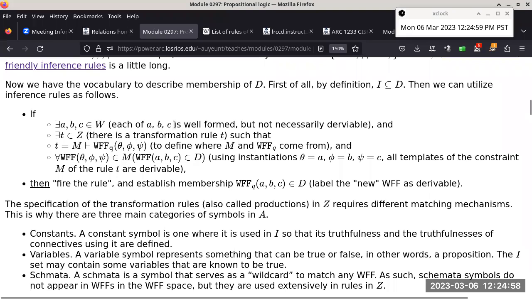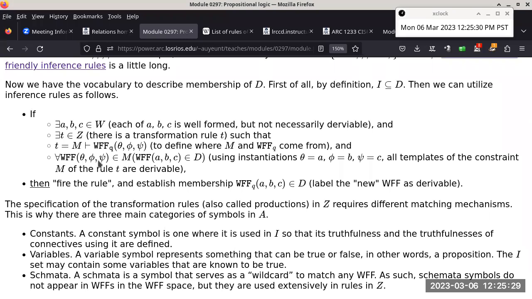A, B, and C are specific well-formed formulae in W. They may or may not be derivable. Theta, phi, and psi are wild cards. So we are basically looking for a match. Can we match A, B, and C as specific well-formed formulae to the pattern that is specified by WFFQ of theta, phi, and psi?